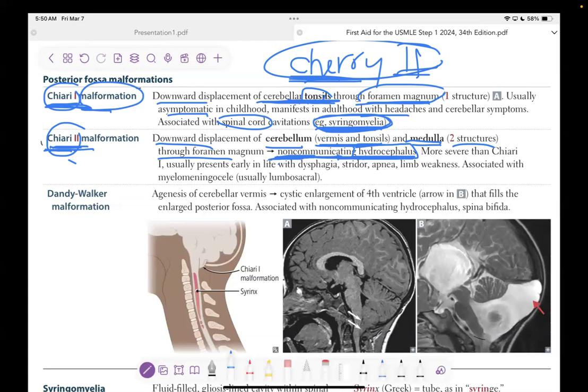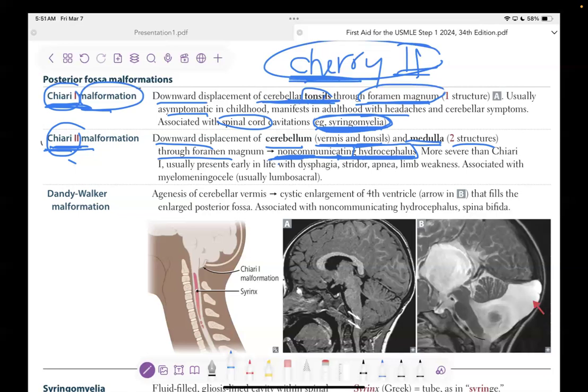Non-communicating, no communication. Whenever you say it like this, it will be easier to remember. When we say communicating hydrocephalus, it means that CSF is a lot, but there is communication. It means that the ventricles have communication with each other, but still the CSF is more.